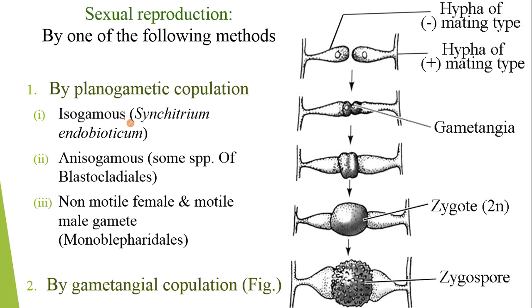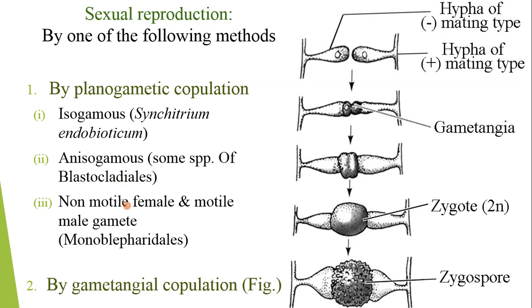In isogamous type of planogametic copulation, both the gametes are morphologically identical but physiologically dissimilar. They unite to form a zygote. In anisogamous type, one planogamete is larger than the other. Copulation takes place in water and a motile zygote results. For example, in some species of Blastocladiales.